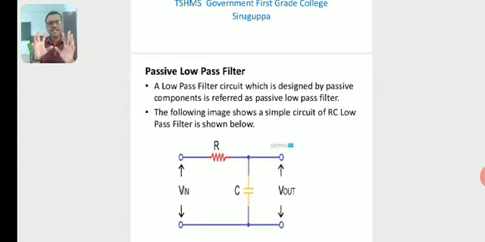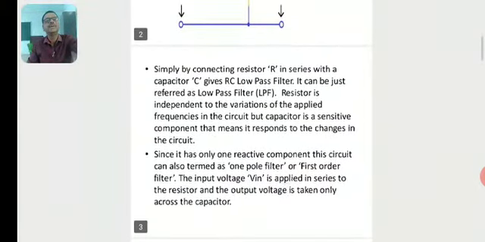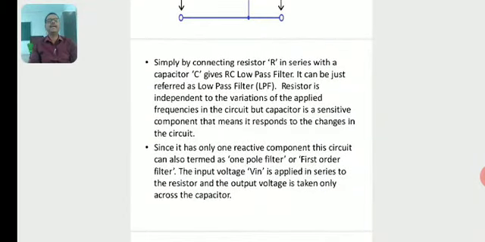So this is the diagram for the passive low pass filter, that means the RC low pass filter. Simply by connecting a resistor R in series with a capacitor C, we get an RC low pass filter. It can just be referred to as LPF.